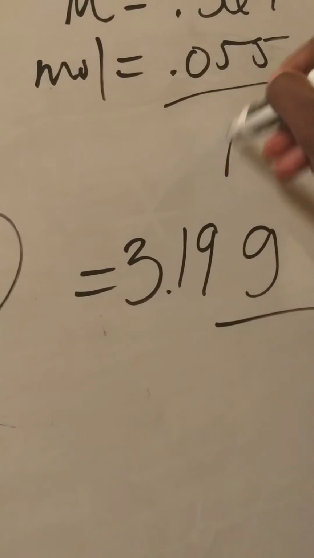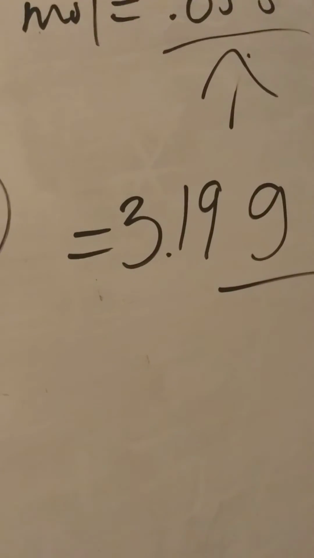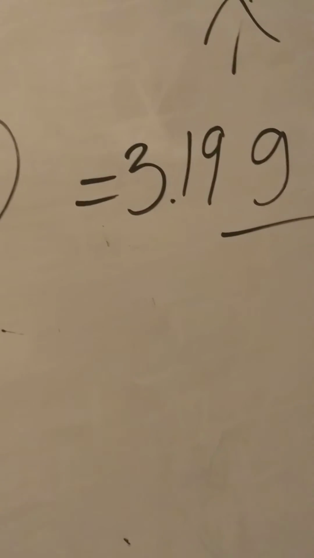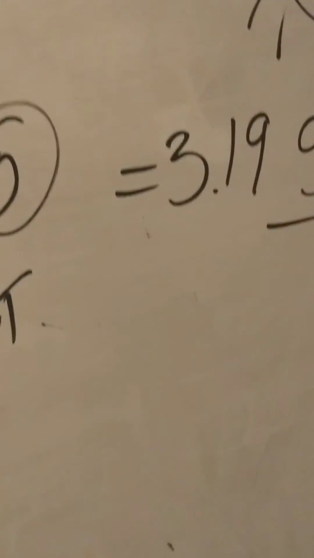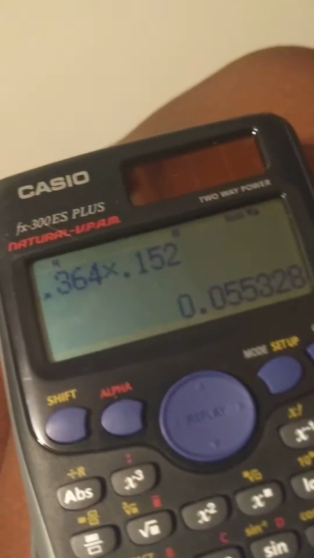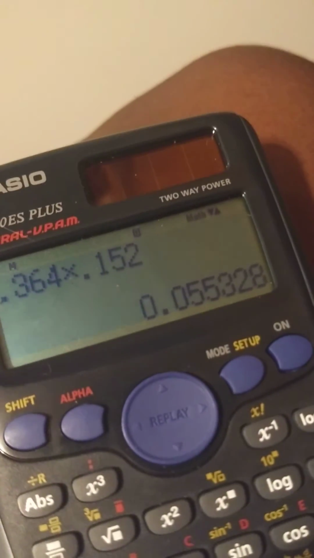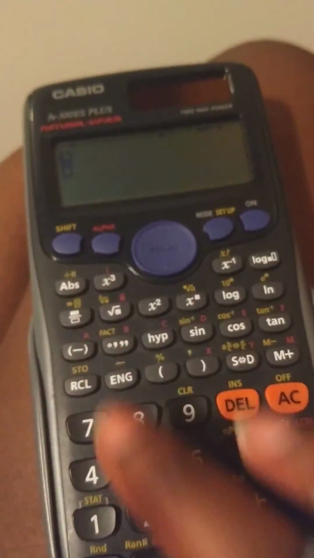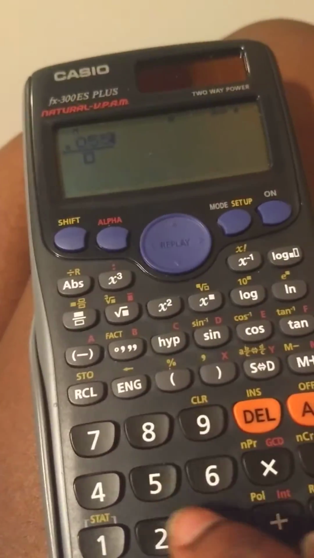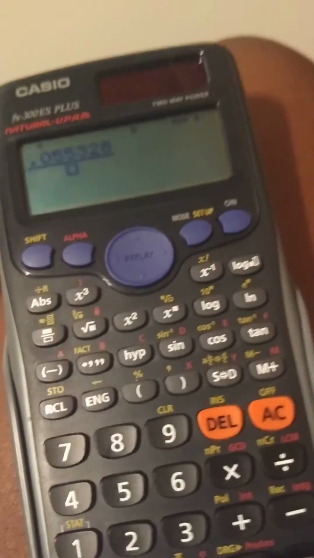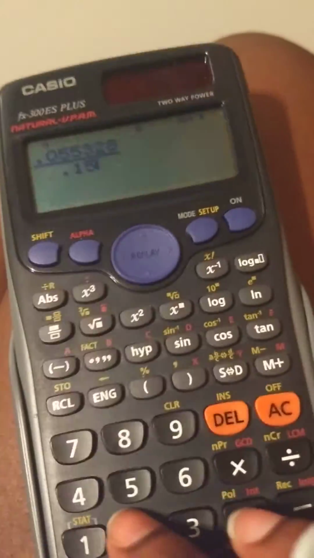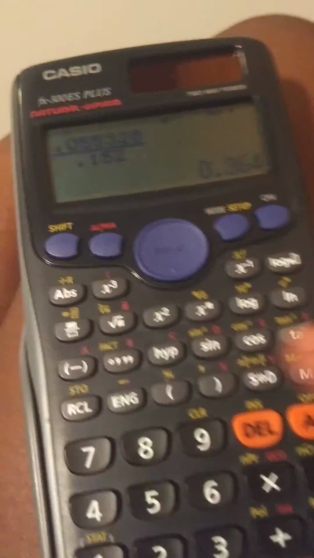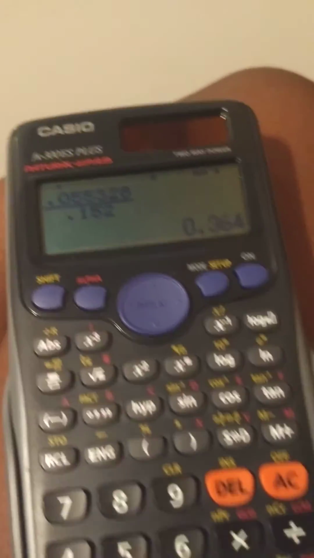This number is not the exact number, but I can go find the exact number. Okay, so this number, the 0.055328, we can take that number and divide it by 0.152 to give us exactly 0.364. So these are our moles.